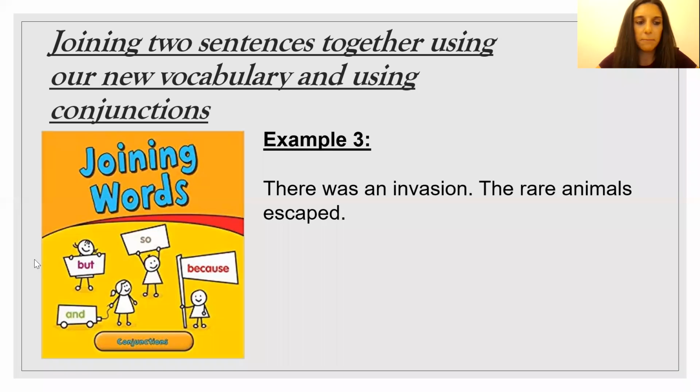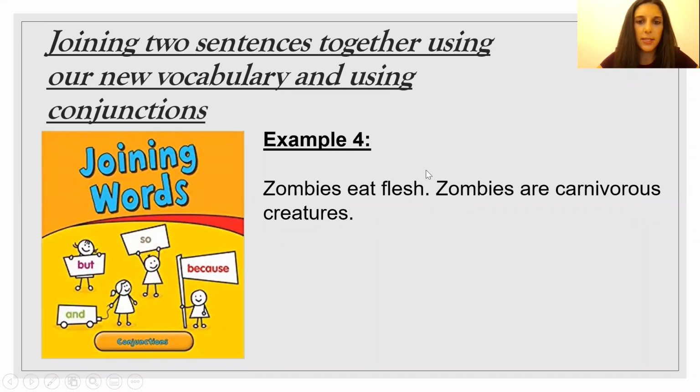On to the next example then. Zombies eat flesh. Zombies are carnivorous creatures. Okay, an interesting sentence here. We've got two of the keywords from yesterday, flesh and carnivorous. So start by typing out that first clause. Zombies eat flesh and zombies are carnivorous creatures. Zombies eat flesh, but zombies are carnivorous creatures.